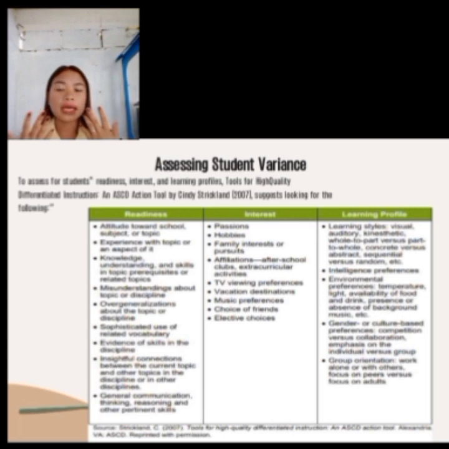In that way, we can help them learn. We can use music for students who learn more that way, or if we see students who learn better alone, that is how we can apply differentiated instruction.